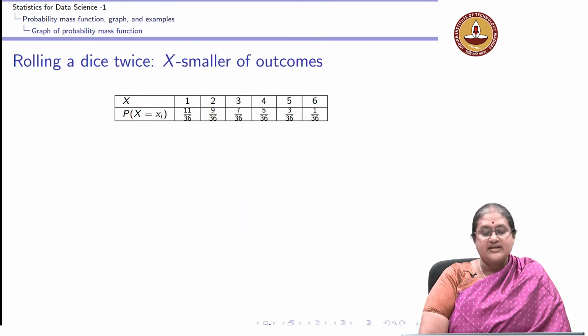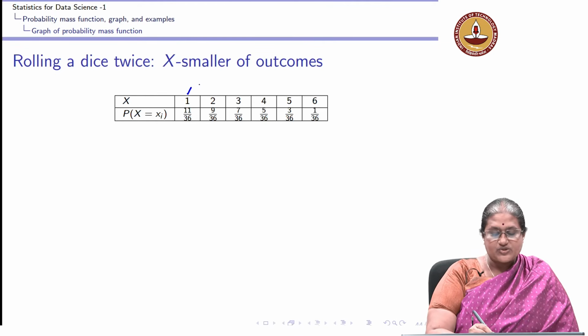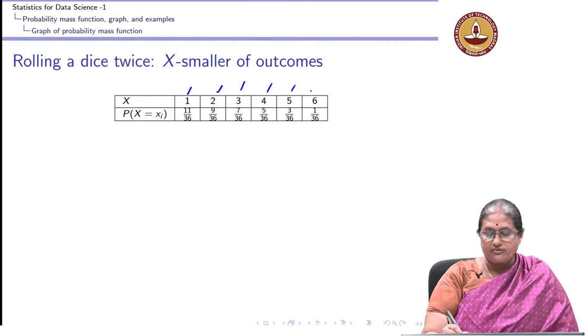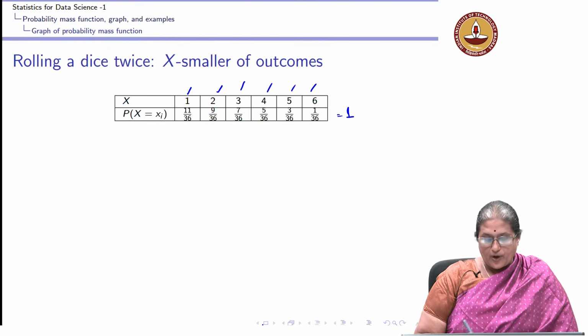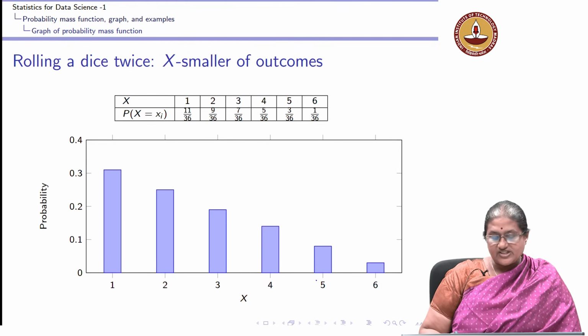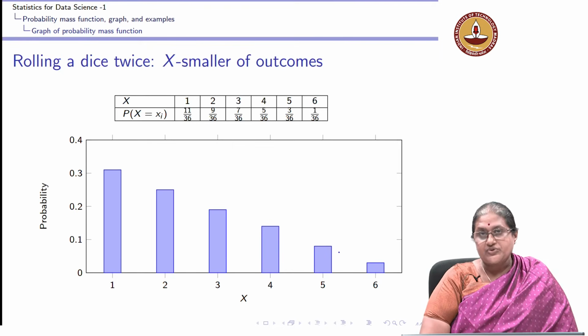Now, let us look at the smaller of the outcomes. Again, we know that x takes values 1, 2, 3, 4, 5, 6. The sum of the probabilities adds up to 1. Once I plot this, I know x takes these values. You can see that it is a skewed distribution.